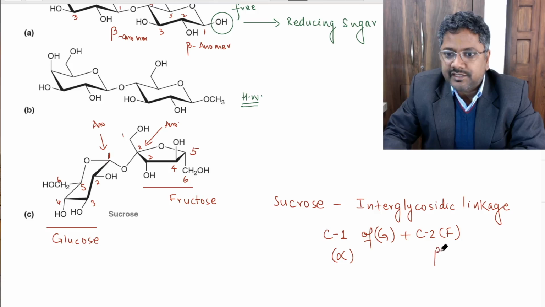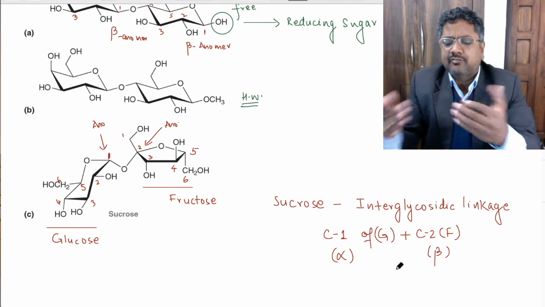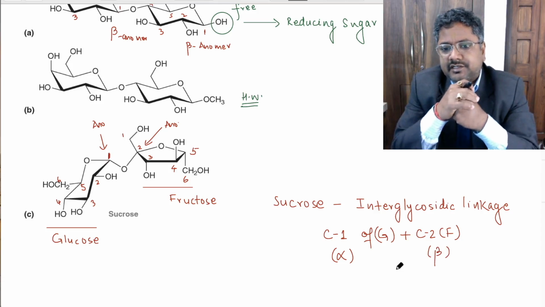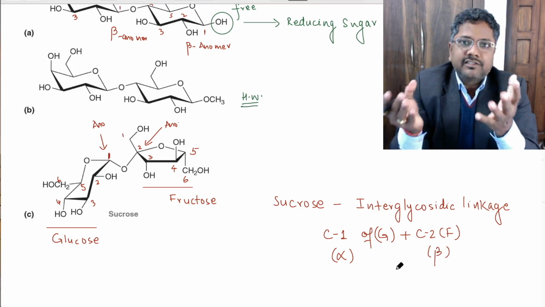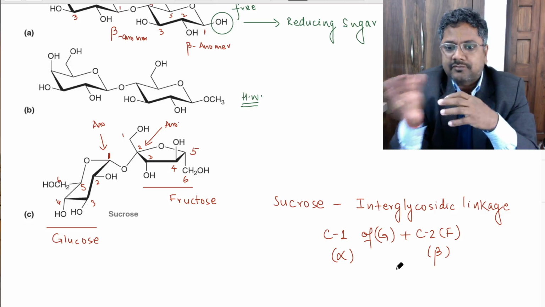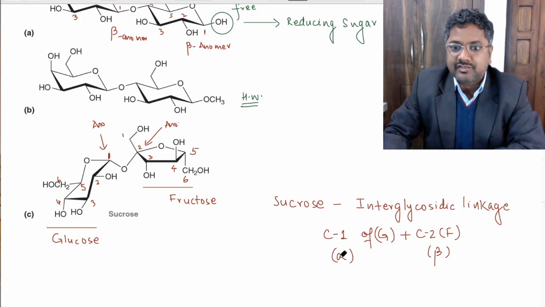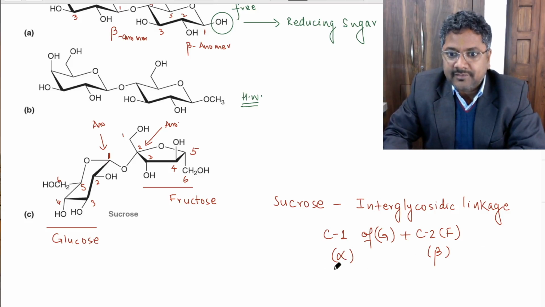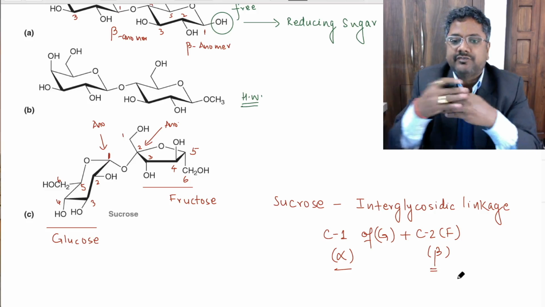So this is beta. These are important questions from carbohydrates: in sucrose, which type of anomeric linkage is there for glucose, for fructose? So both are opposite. Glucose has alpha anomer, and fructose has beta anomer, condensed with each other, right?